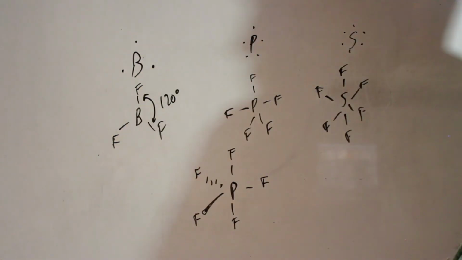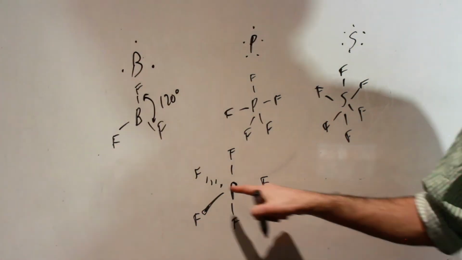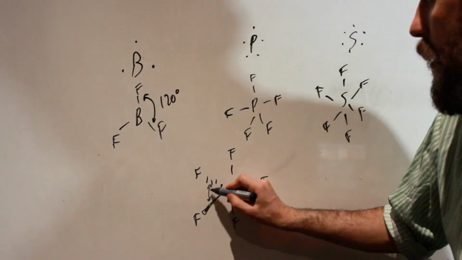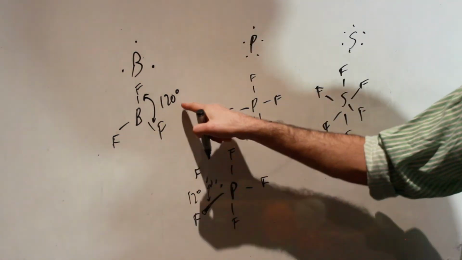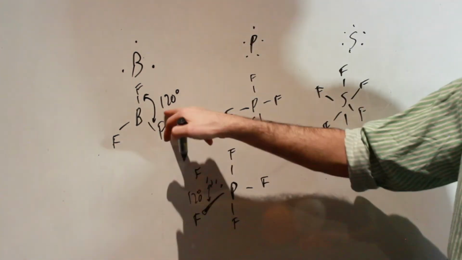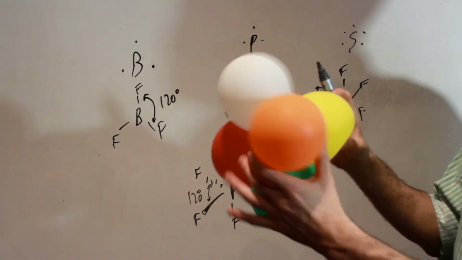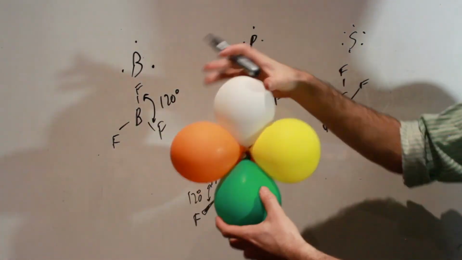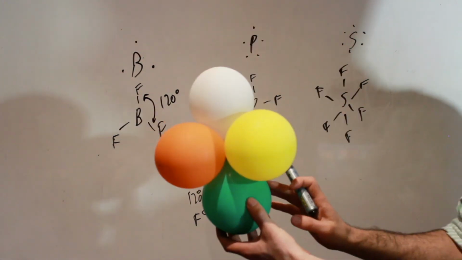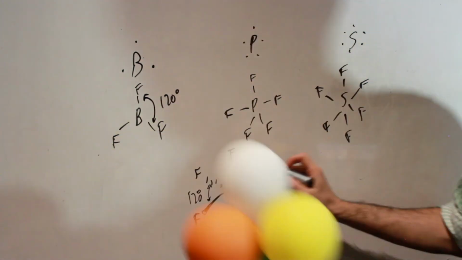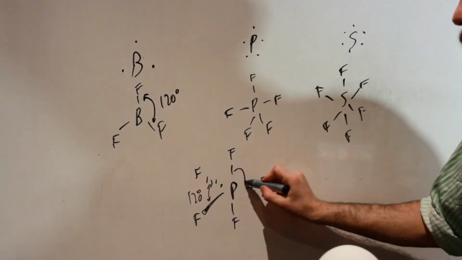So between the ones that are on the same plane, we're going to get 120 degrees. And then sitting above and beneath that, we have the white and the green, and these are just coming off at 90 degrees to each other.